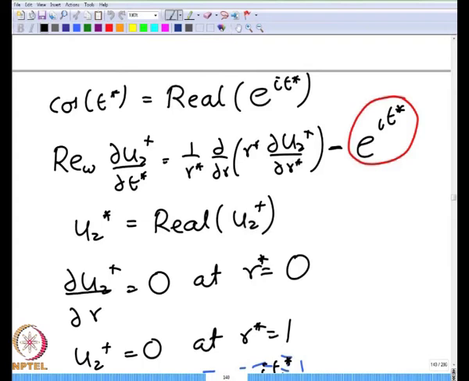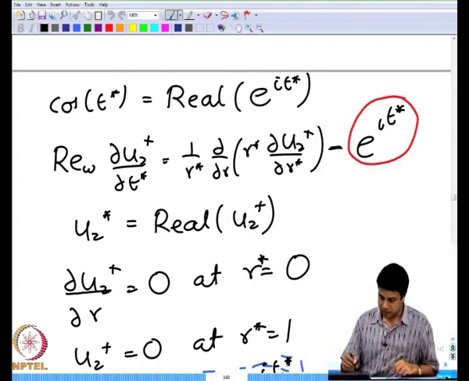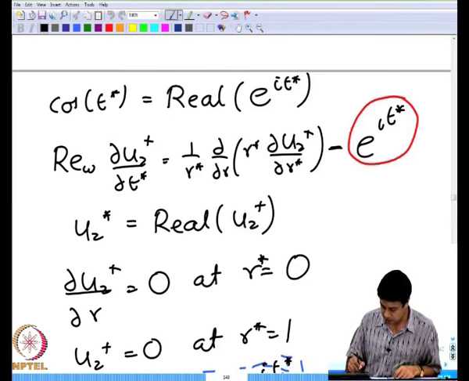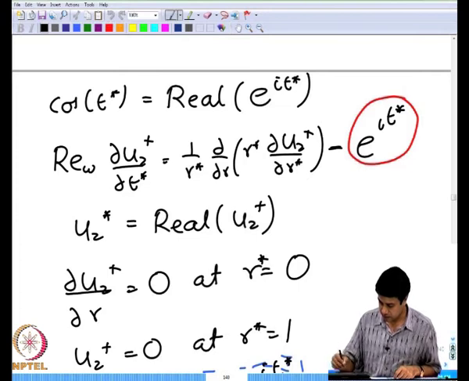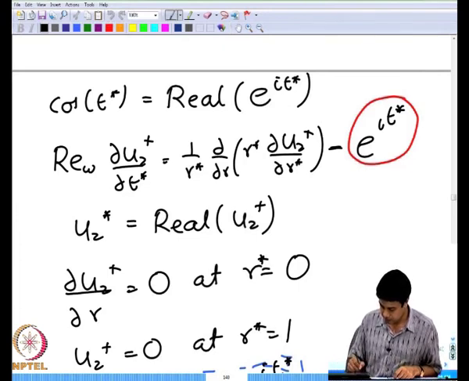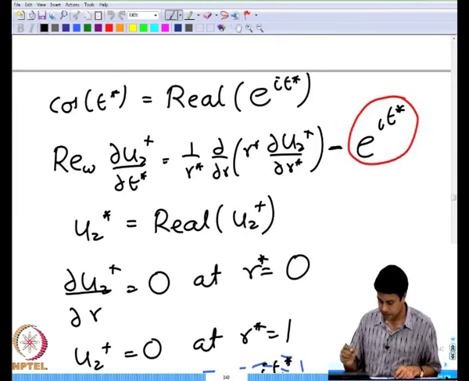So, I will solve this equation for u_z plus with boundary conditions partial u_z plus by partial r is equal to 0 at r is equal to 0, and u_z plus is equal to 0 at r star is equal to 1.